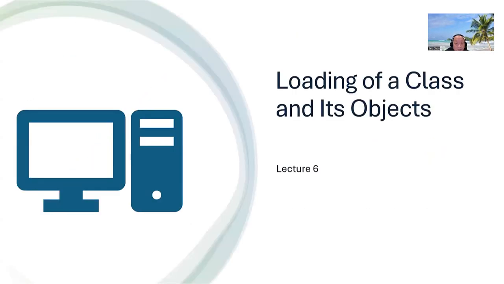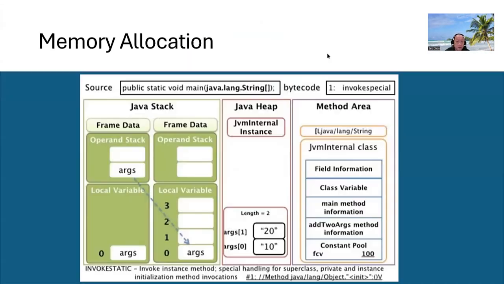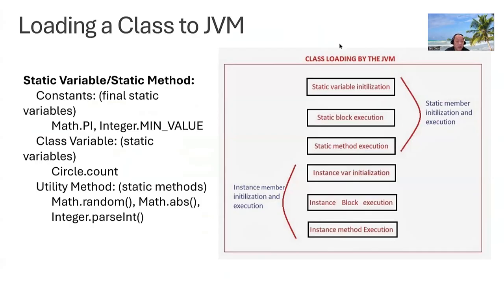The next one you need to know about is when the class and the object are loaded. When you get started, your class will be loaded into the Java virtual machine. Your static members load first: your static functions, static variables, and constant variables.